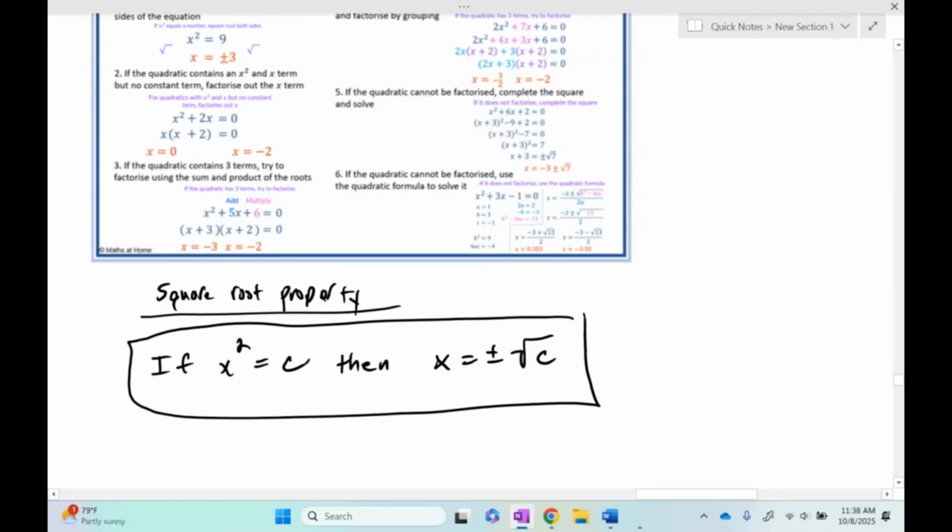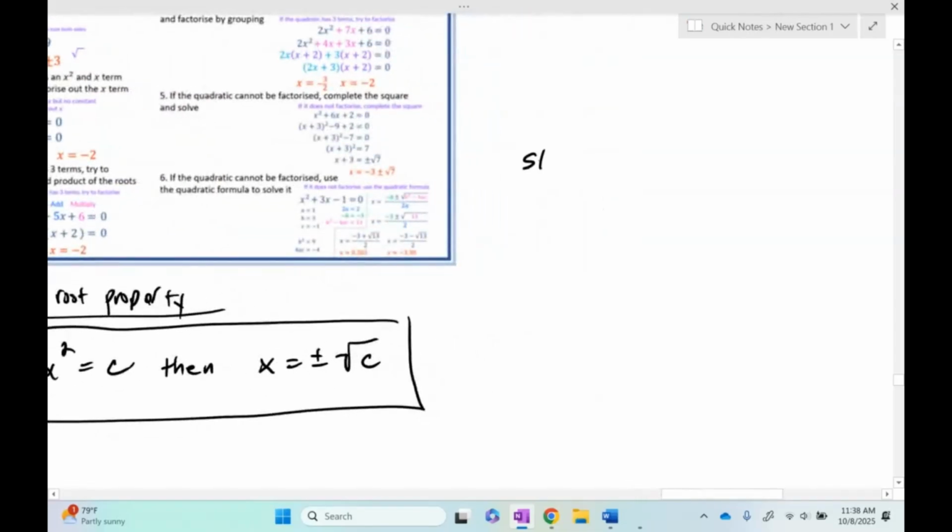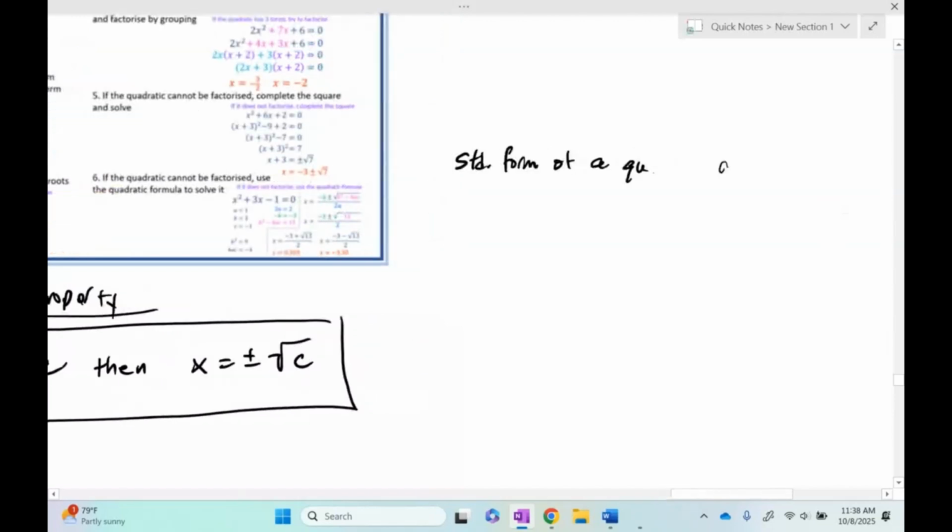So for a quadratic equation, this is what the standard form looks like. The standard form of a quadratic equation is ax squared plus bx plus c equals 0.